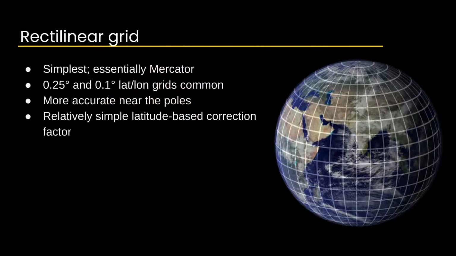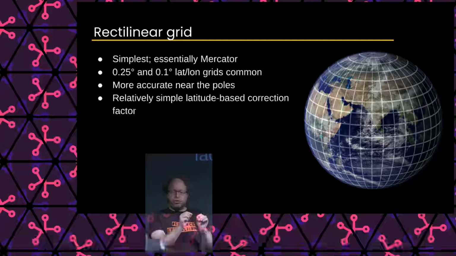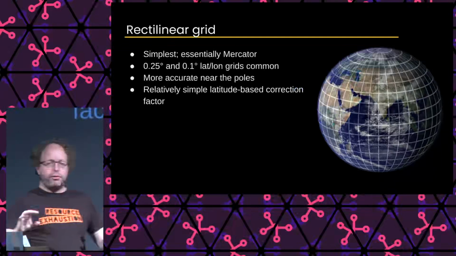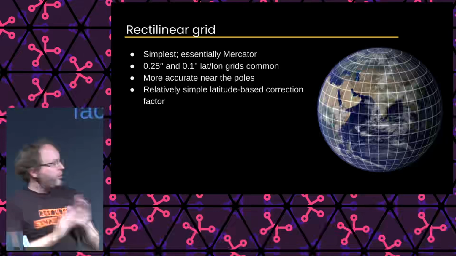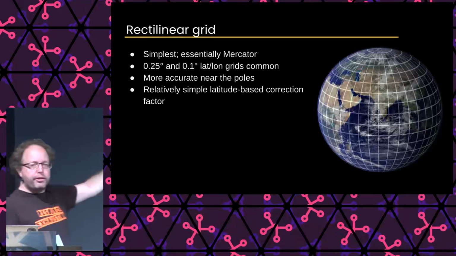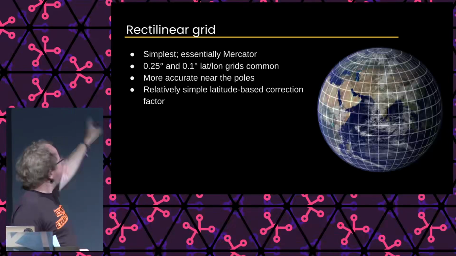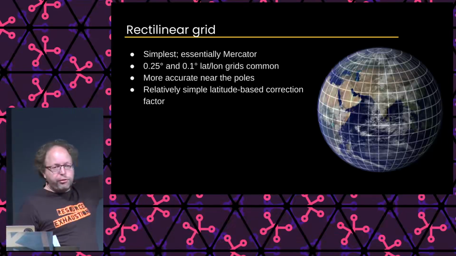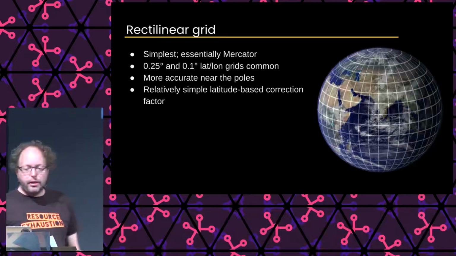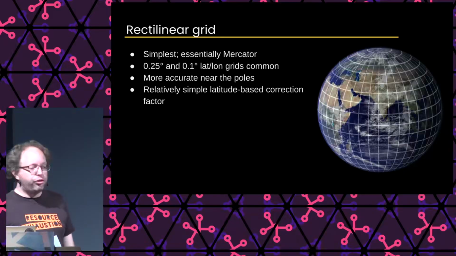It's super simple, but the grid squares at the top tend to squish a lot, so suddenly the poles are really accurate, but around the equator they're less accurate. And this is actually used a lot, so if you go and find climate data online, it's very likely to be in a 0.25 or 0.1 degree latitude-longitude grid, and that's just the state of things.